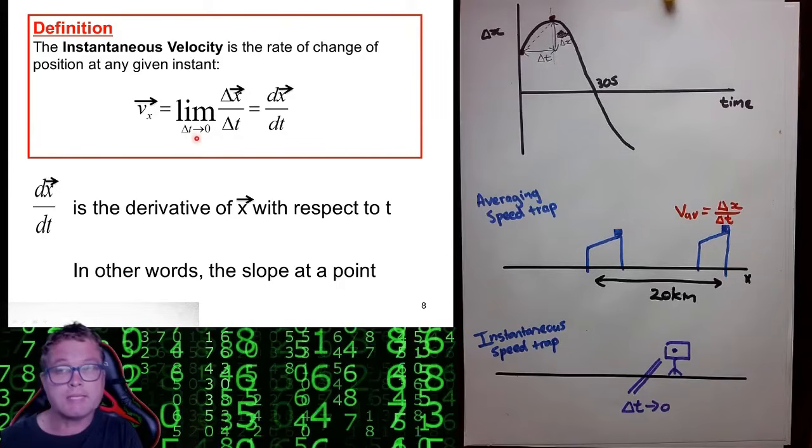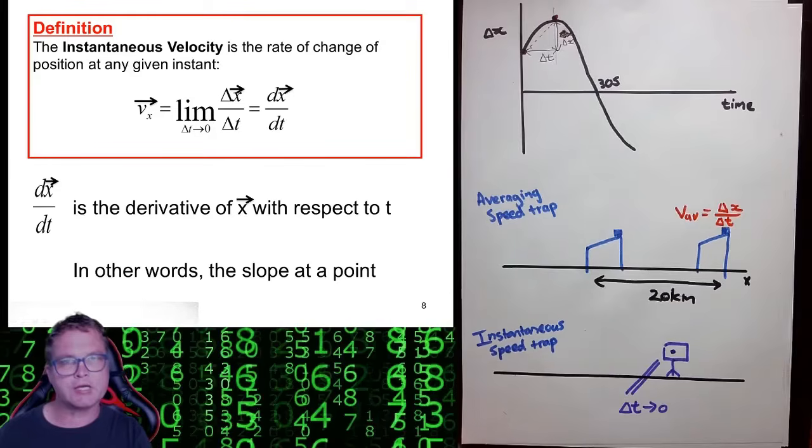So the limit as delta t tends to 0 of the displacement over the elapsed time is the derivative of x with respect to time. dx/dt is the derivative of x with respect to time. In other words, the instantaneous velocity is the slope of the displacement time curve.